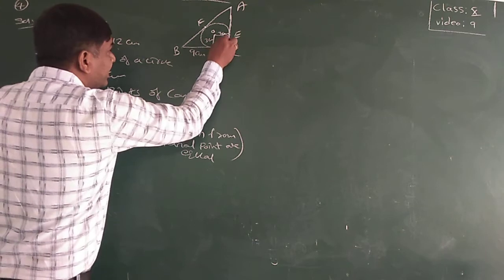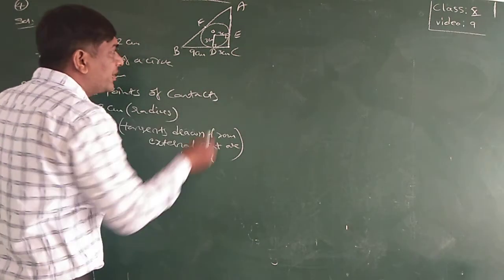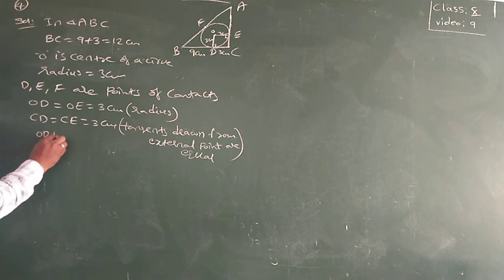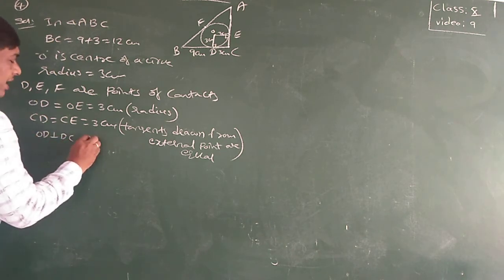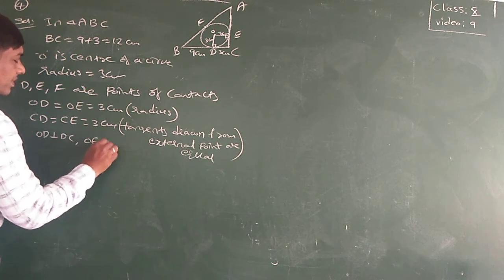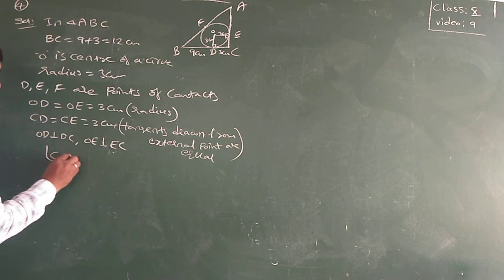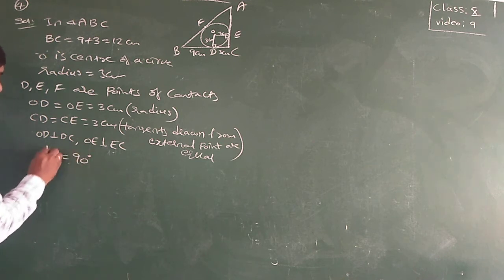Since this is 90 degrees, this is also 90 degrees. Obviously, angle C is 90 degrees. OD is perpendicular to DC, and OE is perpendicular to EC. Then obviously angle C is equal to 90 degrees.